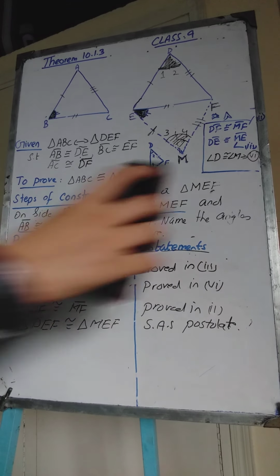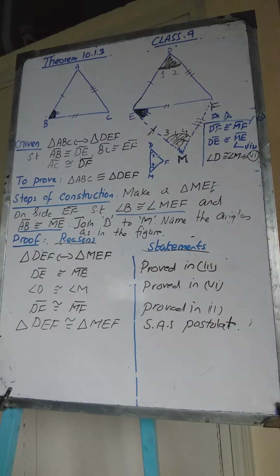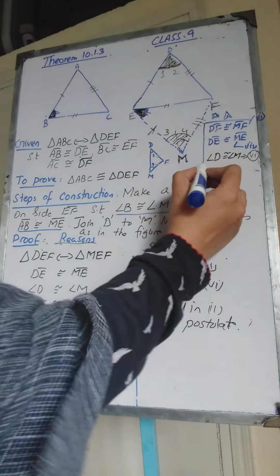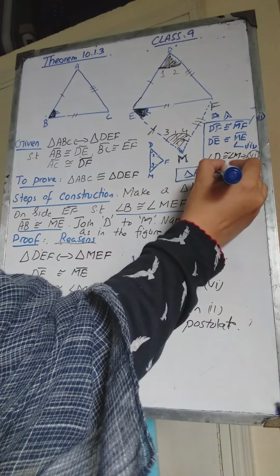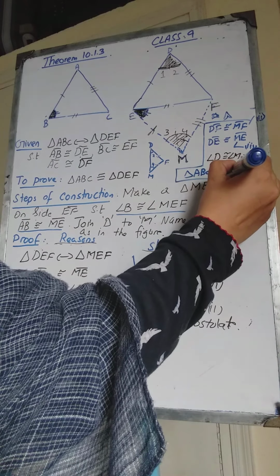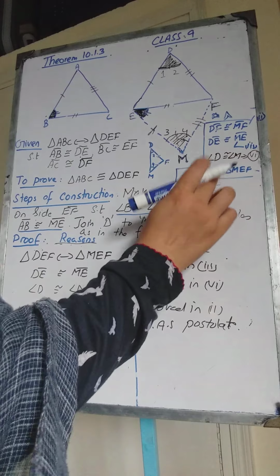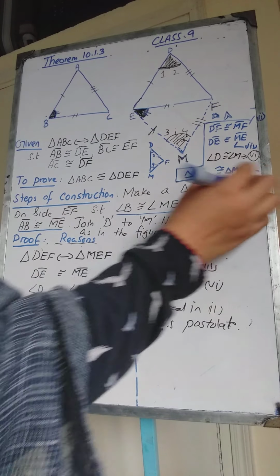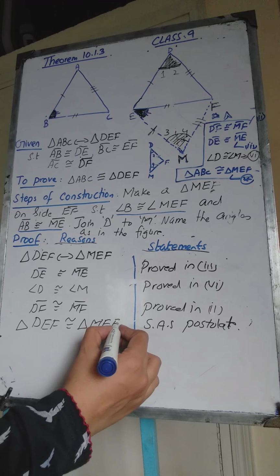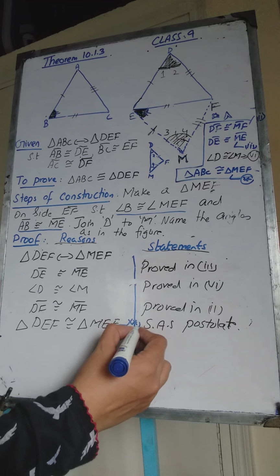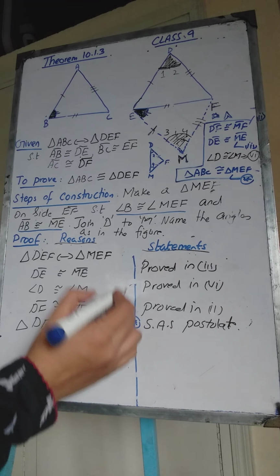Now also remember that in the first step what we did was triangle ABC congruent to triangle MEF. Mark it as equation single star, okay, and mark this as equation double star.